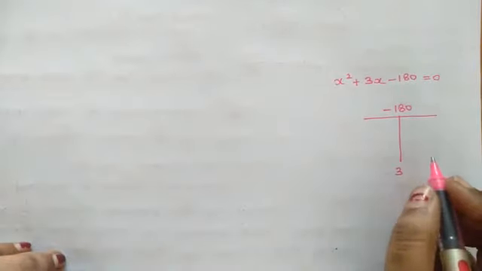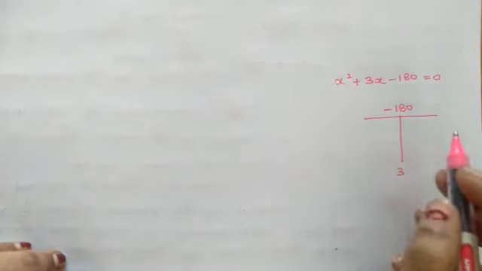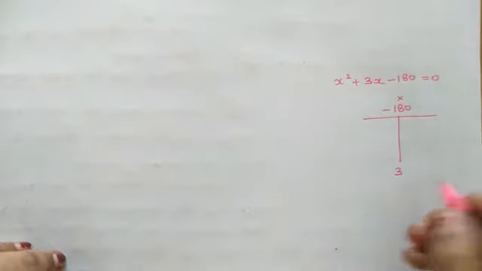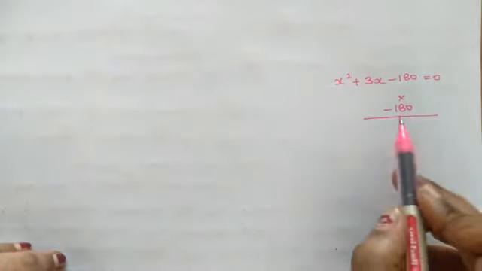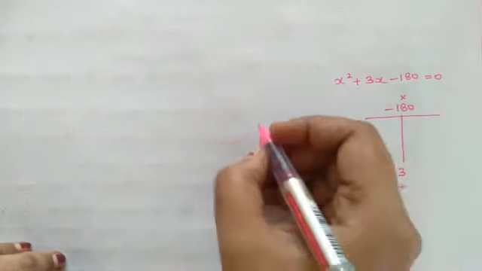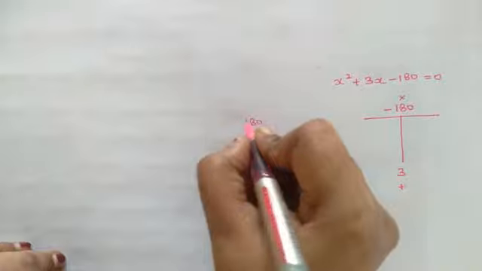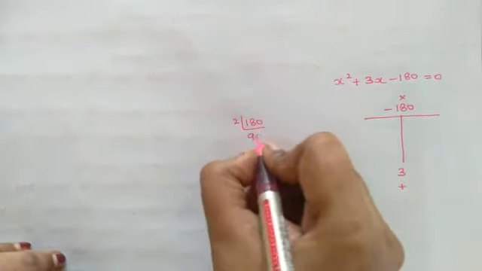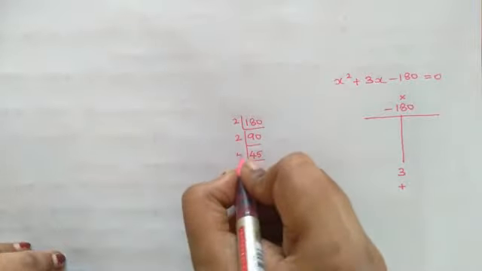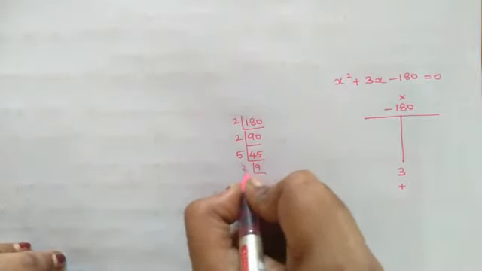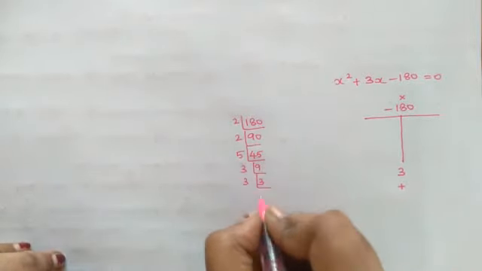We are going to choose two integers whose product is going to be minus 180 and sum is going to be plus 3. For which, let us just split 180 into prime factors. So 180, 2 into 90, 2 into 45, 5 into 9, 3 into 3, 3 into 1.